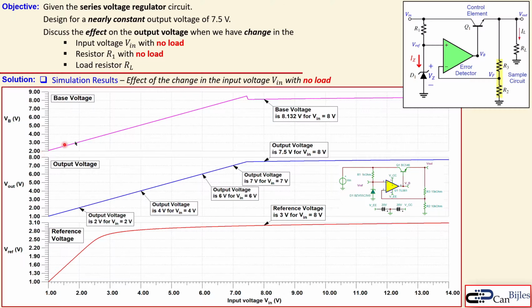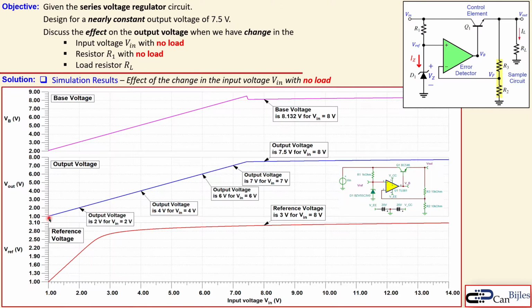The top one is for the base voltage, which is the voltage at this node. The middle one is the output voltage, the blue one, and the red one is our reference voltage. Now what we see here is the following. The output voltage, let's start with that one, and this is the input voltage by the way, we sweep from 1 volt up to 14 volts.